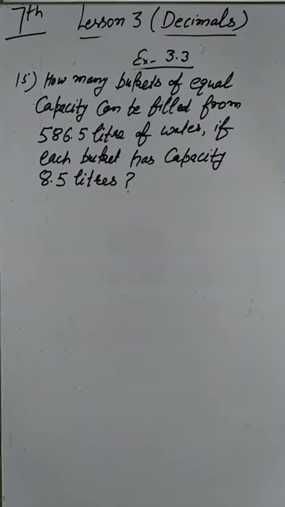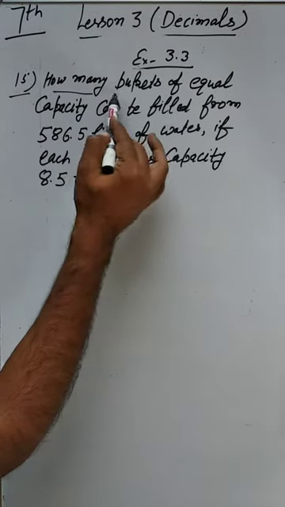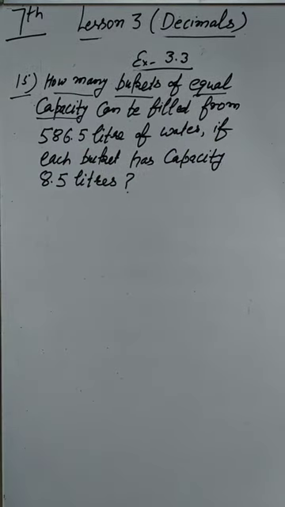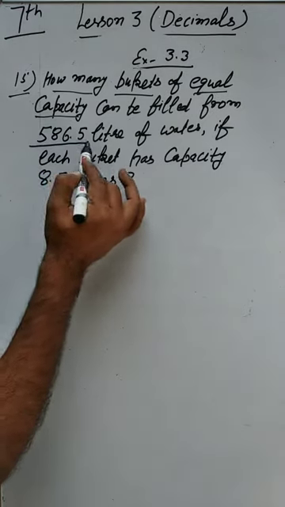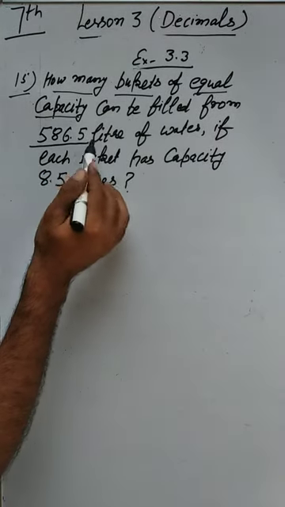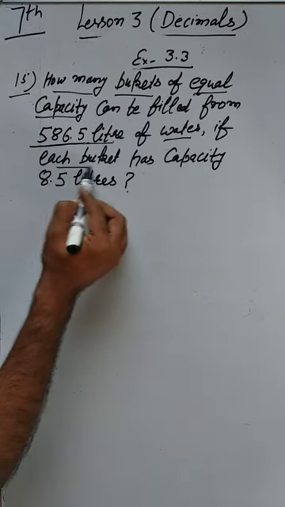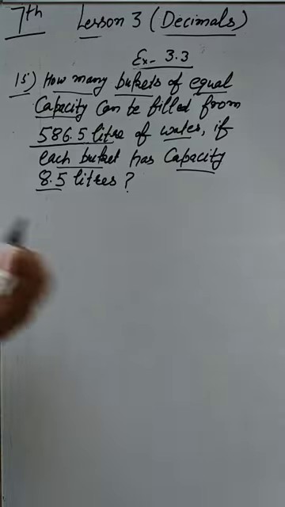Yes, beta. Your next question is question 15. How many buckets of equal capacity can be filled from 586.5 liters of water if each bucket has a capacity of 8.5 liters? Understood, beta?